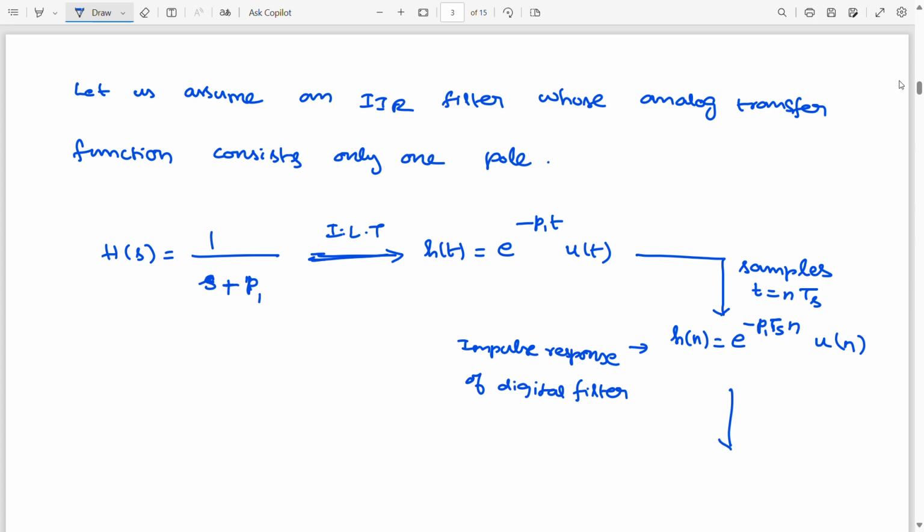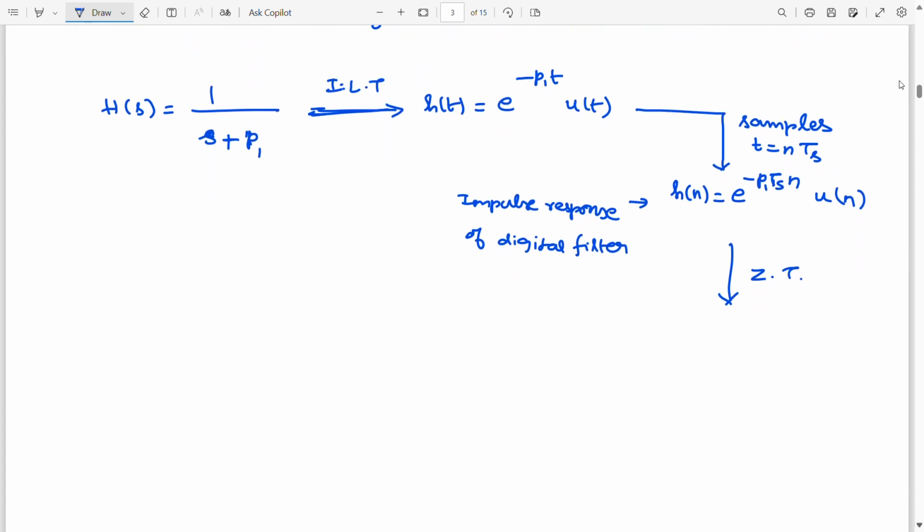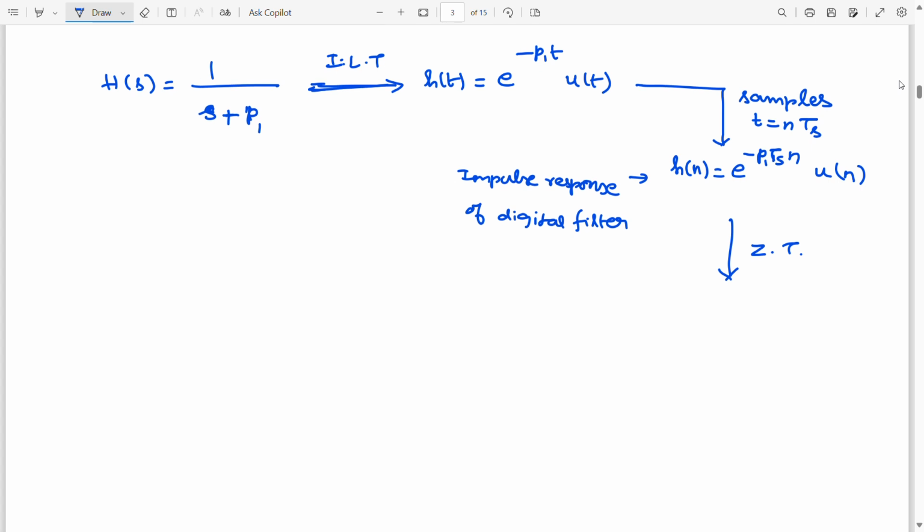The impulse response of the digital filter is transformed into the Z domain, from which we can get H of z as 1 over 1 minus e power minus p1 Ts into z to the power minus 1.